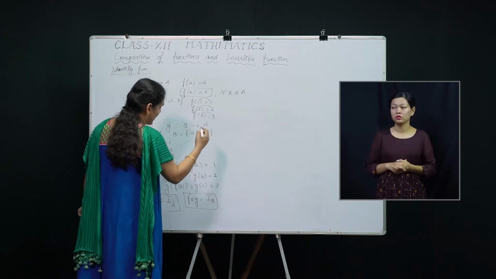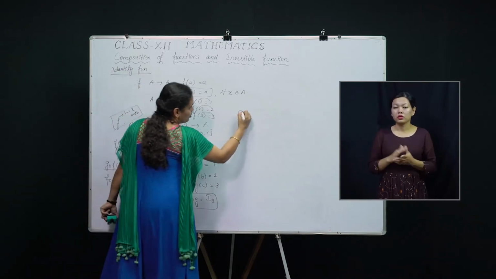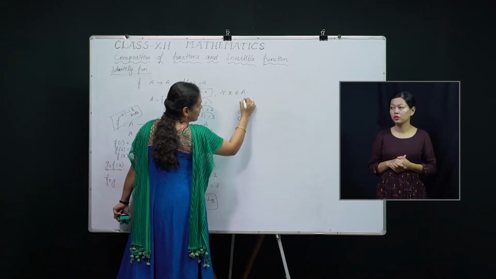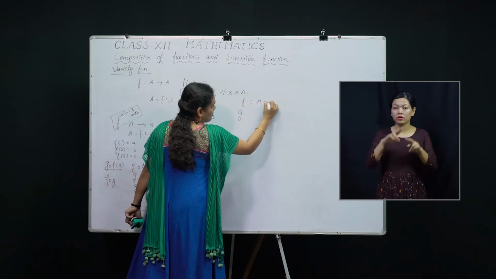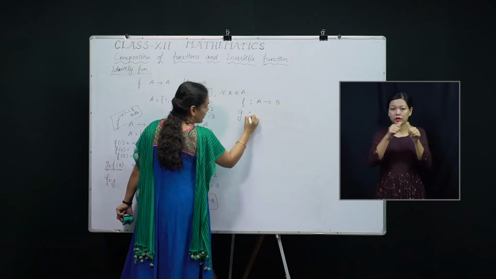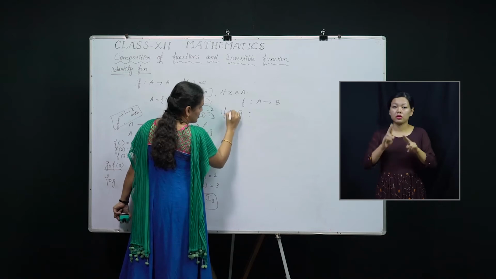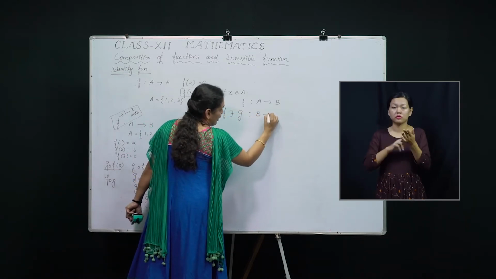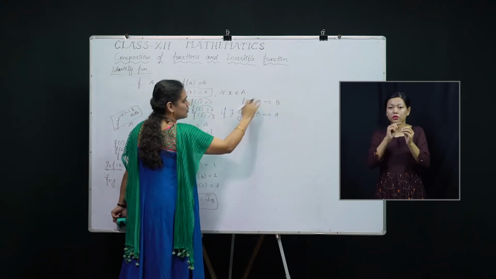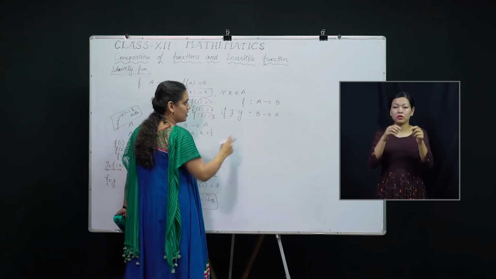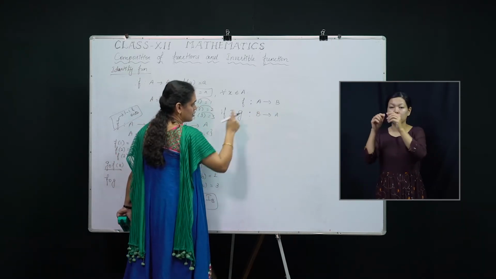In this case, f is a function from A to B, and if you can find a function g from B to A, we are just switching the sets here. A goes here and B becomes the domain.